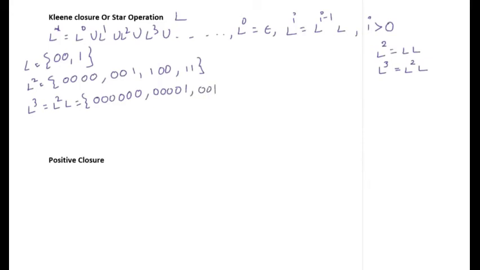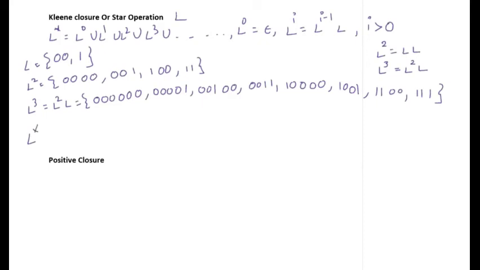Next 001, after that we need to write 00, and 001 is concatenated with 1, and 100 is concatenated with 00, 100 is concatenated with 1, and 11 is concatenated with 00, then 11 is concatenated with 1. This is how we have calculated L power 3, and so on we can calculate L power 4 also.